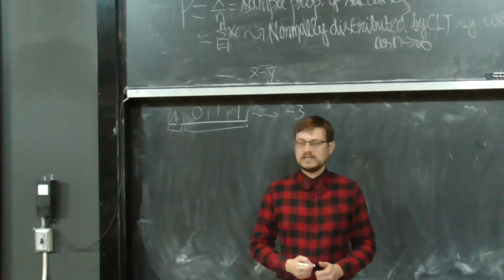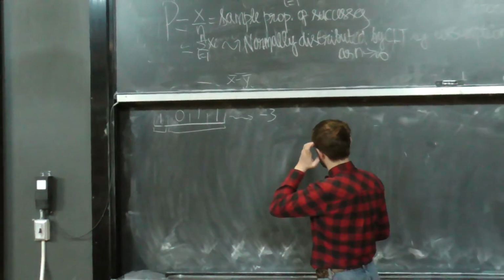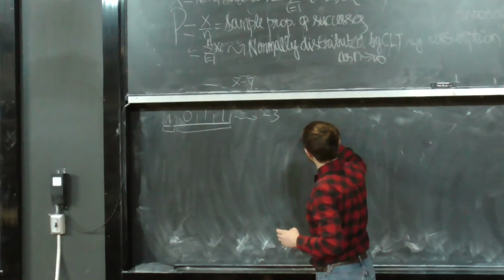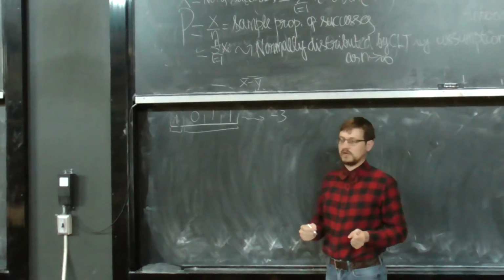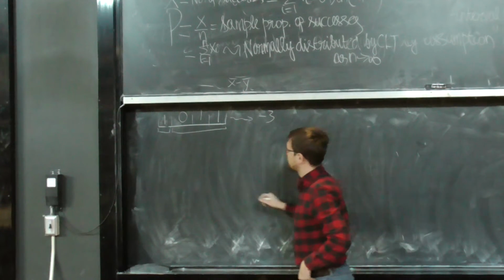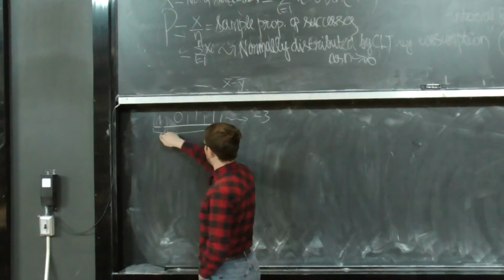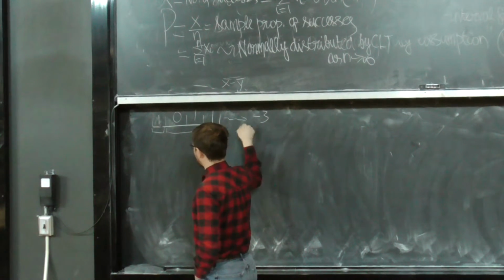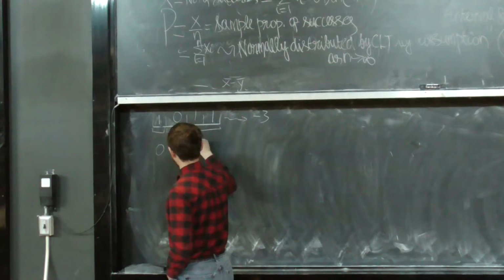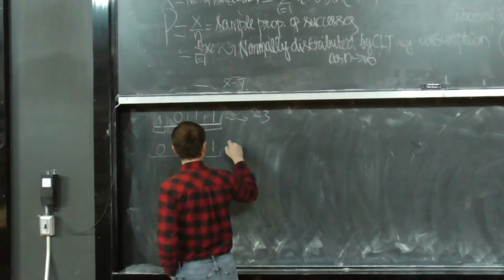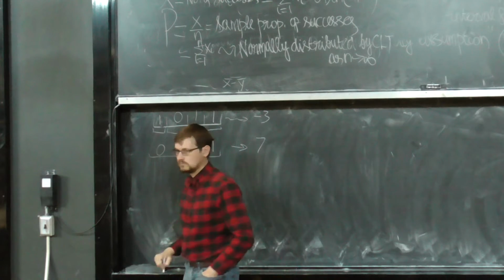So let's consider the number 7, right? Positive 7. So if 1, 0, 1, 1 is negative 3, then 0, 1, 1, 1 will be 7, right?